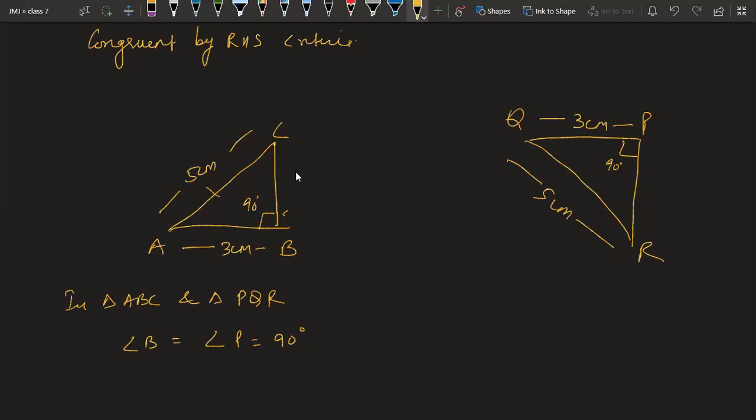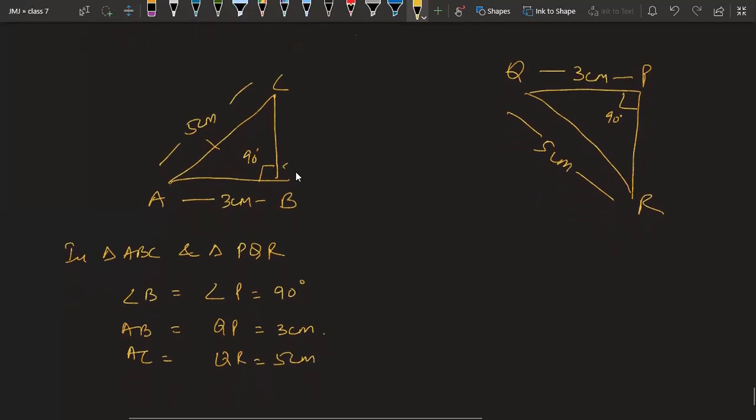The second thing we observe is AB is equal to QP is equal to 3 centimeter. The third thing we are observing is AC is equal to QR. They both are 5 centimeter.